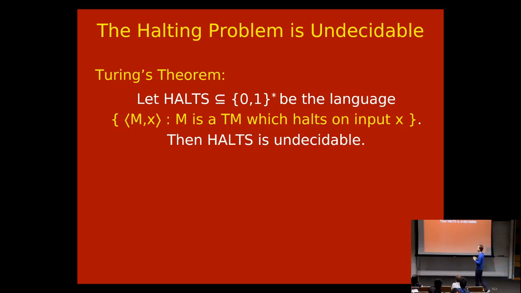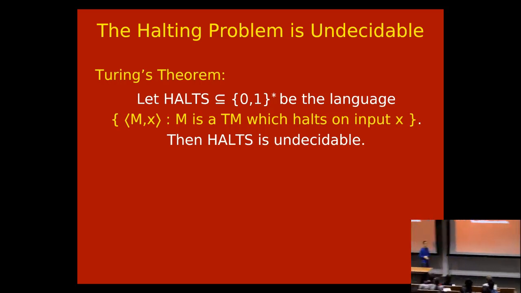Okay, more informally, it's the set of all pairs of pieces of code and input strings, such that this code, when run on this string, halts, does not get into an infinite loop. And his theorem is that this is undecidable. There's no algorithm that can tell whether this piece of code will halt on this input that works for all pairs of code and input.